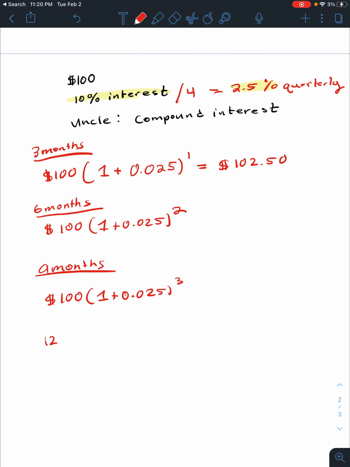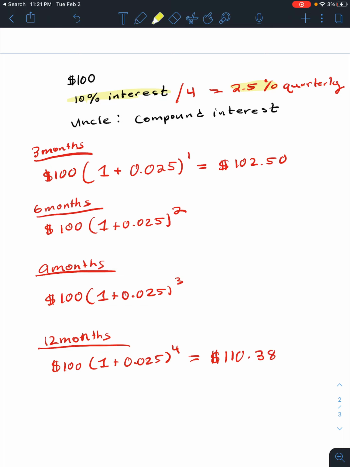And then at the end of the year, which is 12 months, we would do it 4 times. And what I want to focus on is 12 months, how much that is. So if I raise that to the 4th, I'm going to get $110.38.